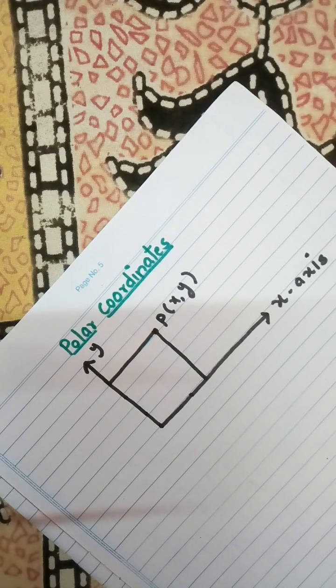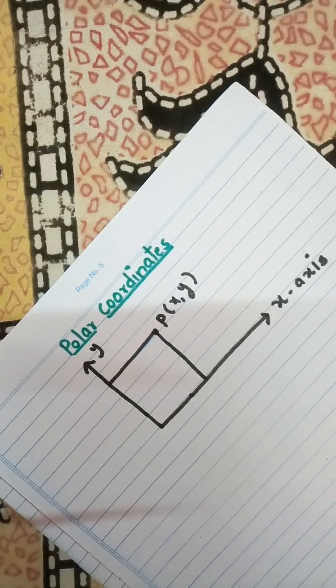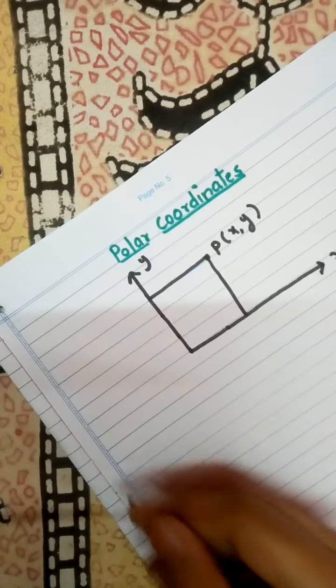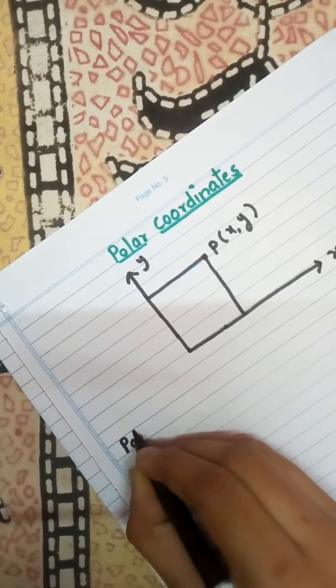Now let us see how to represent a point in the polar coordinate system. There are two ways we represent a point P in the polar coordinate system.